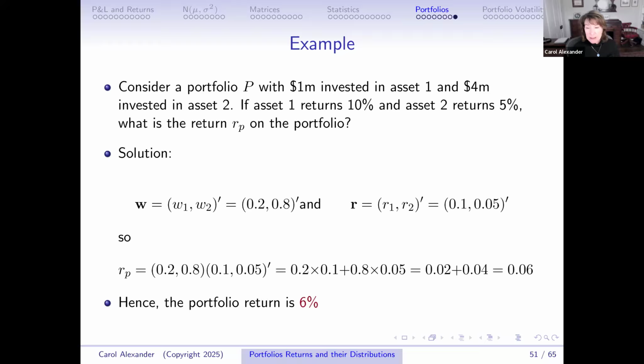The returns are 10% and 5%. That's what you can see here. And so the return on the portfolio is W prime, which is 0.2, 0.8, times R, which is 0.1, 0.05 prime, which is 0.2 times 0.1 plus 0.8 times 0.05 using matrix multiplication. So the portfolio return is 6%.